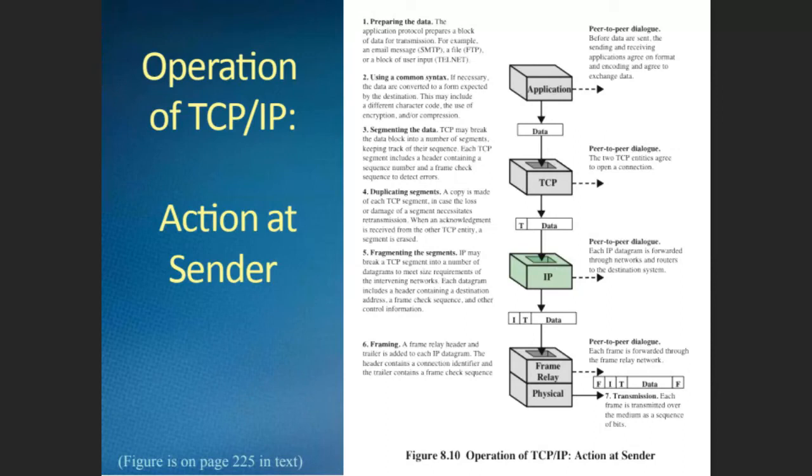The router will decide, okay, this is to cisco.com. I have my routing table. I know in order to go to that server, you have to go to this path. So it will send it to the next hop. We call the next router the next hop. From the next hop, it will go again to the next one, until it arrives at the destination.